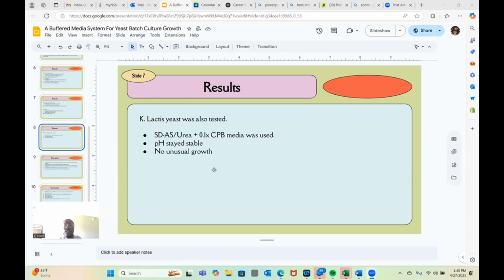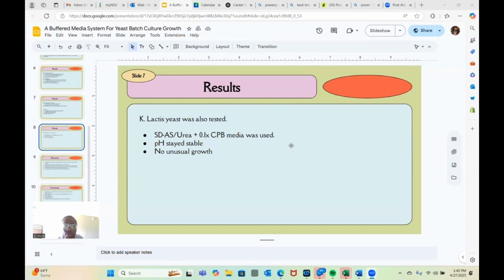So, slide 7, results. K. lactis was the yeast organism that was being tested. They grew it in SD urea plus 0.1x CPB medium. They used the urea as a nitrogen source.